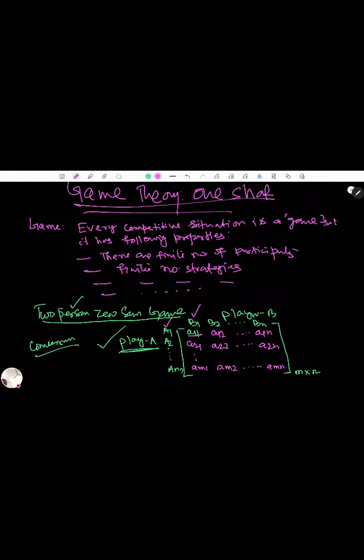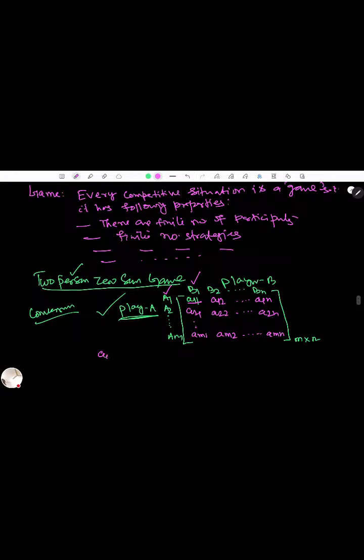By saying Aij, what does it mean? It is the payoff to player A, or I can say the gain to player A, when A chooses the ith strategy and B chooses the jth strategy, right?